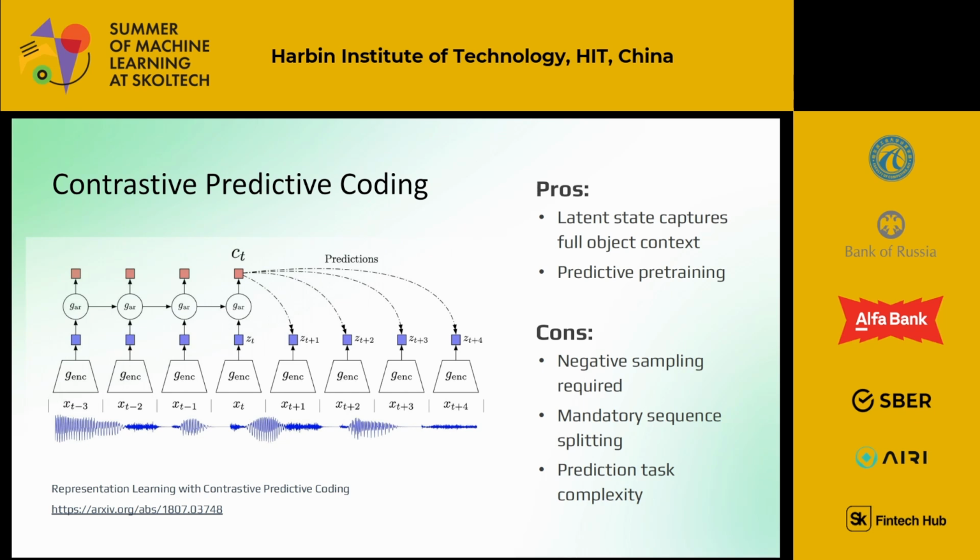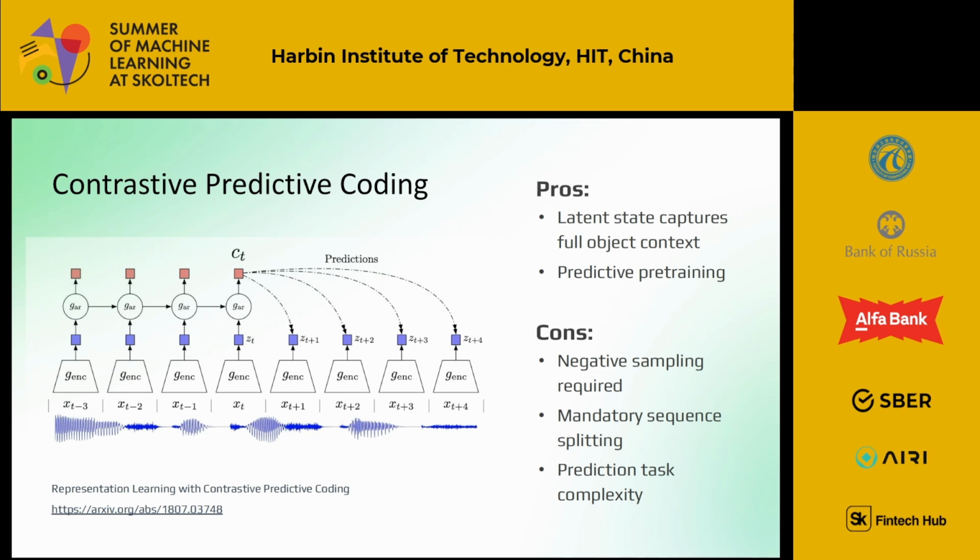Contrastive predictive coding tries to solve this problem, and it explicitly tries to predict the next samples in our sequence, and it does so in a contrastive way.